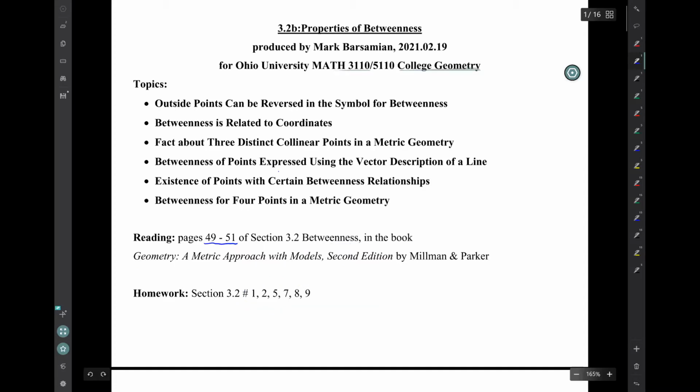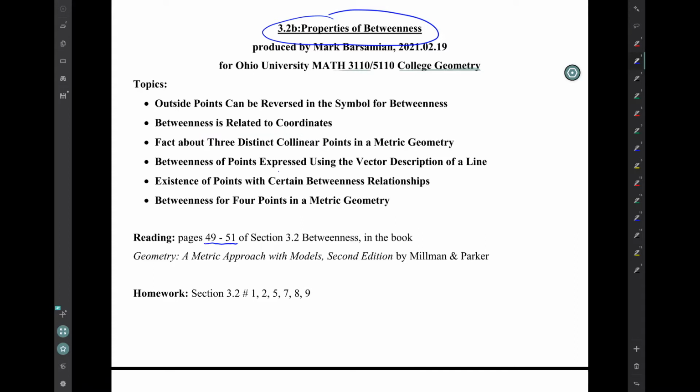In this video, I'll be discussing properties of betweenness, including things like this, that outside points can be reversed in the symbol for betweenness. I'll be discussing the relationship between betweenness and coordinates. Remember, the definition of betweenness mentions distance.